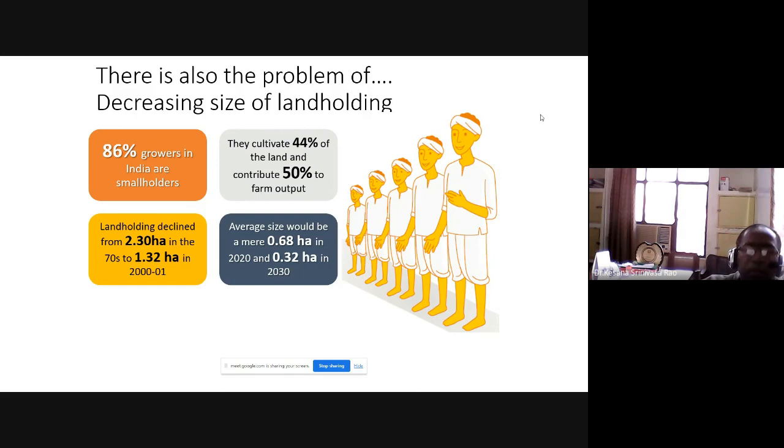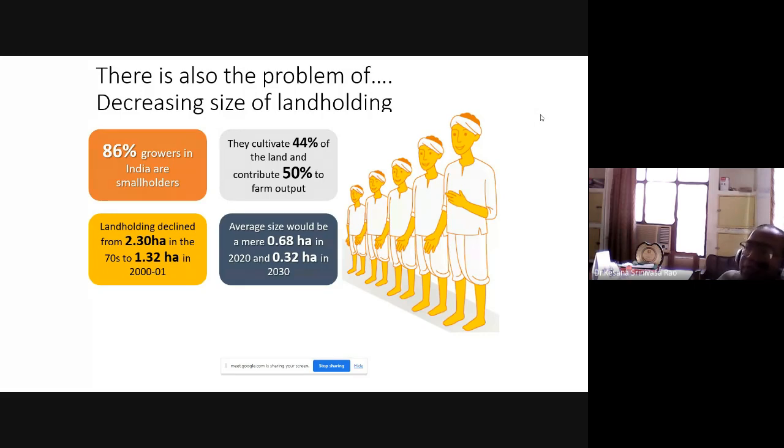The land holding has declined from 2.30 hectares in the 70s to, in the upcoming future by 2030, 0.32 hectares of land. That means the size of land holding is not going to be useful for any type of mechanization process, that is what I mean to highlight.